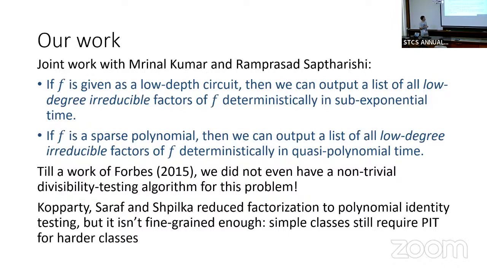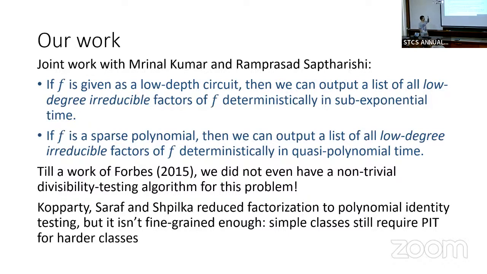Even if you want to do polynomial factorization for simple classes like sparse polynomials or low depth, the polynomial identity test that turned up in that question turned out to be for harder classes like ABPs or something. So that wasn't quite useful. There's been a lot of progress in de-randomizing polynomial identity testing for simple classes, but that's somehow not useful through the works of KSS and so on, because there you require PIT for harder classes.